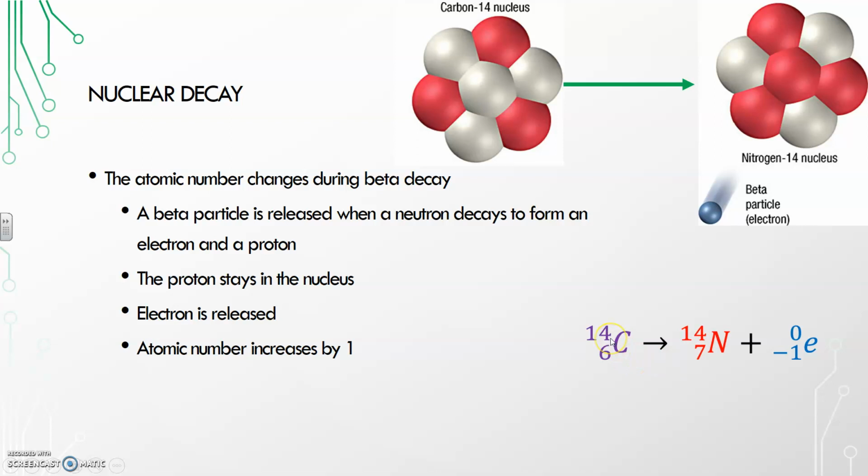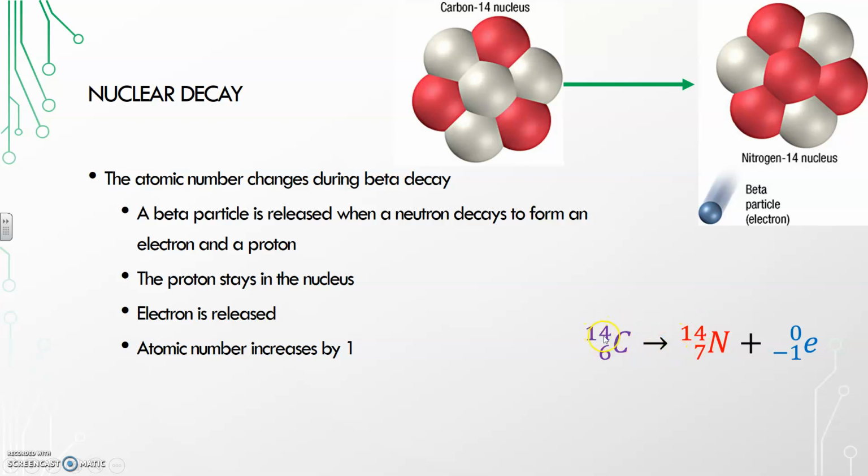You start off with carbon-14, which has a mass number of 14 and 6 protons, and then you lose your beta particle, which is right here, 0 over -1 e, and then you just figure out what's left. You go across the top, with the equal sign where the arrow is.